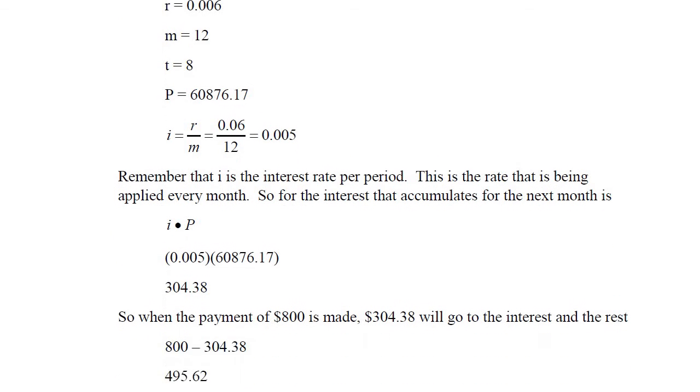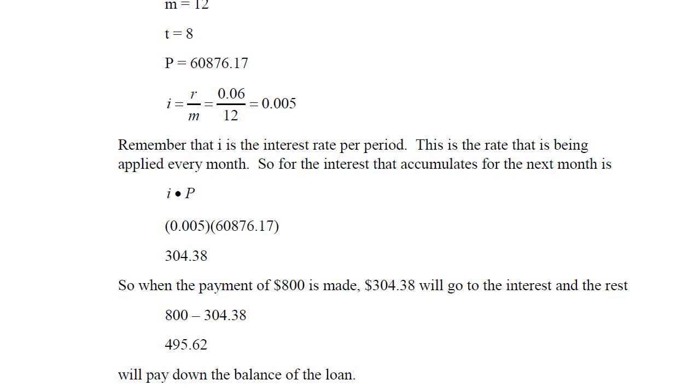So when we go to make our mortgage payment of $800, $304.38 goes to interest, and $495.62 goes to pay down the balance of the loan.